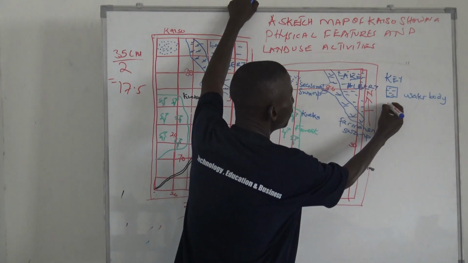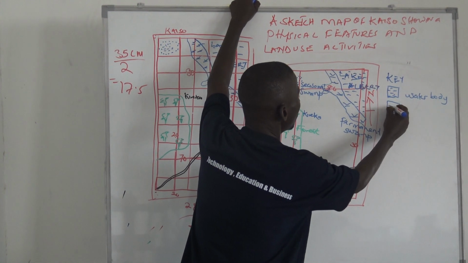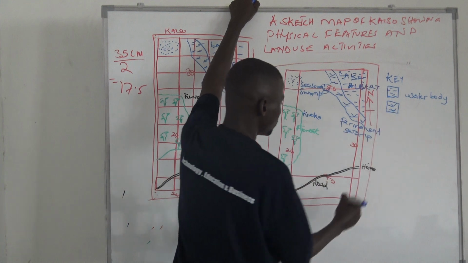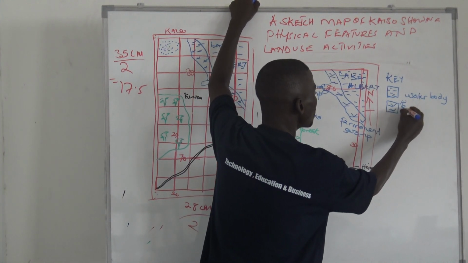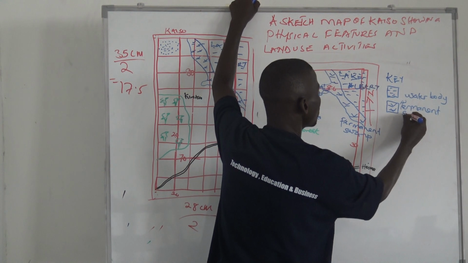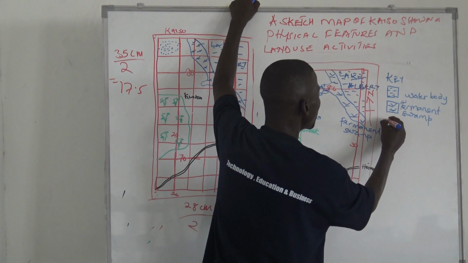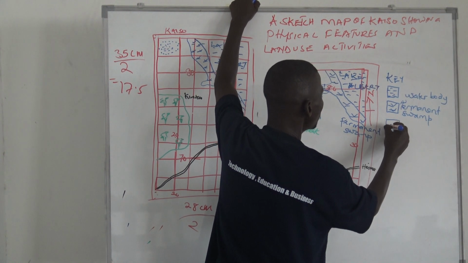Then this shading is for a permanent swamp. Then after permanent swamp is a seasonal swamp with so many dots.